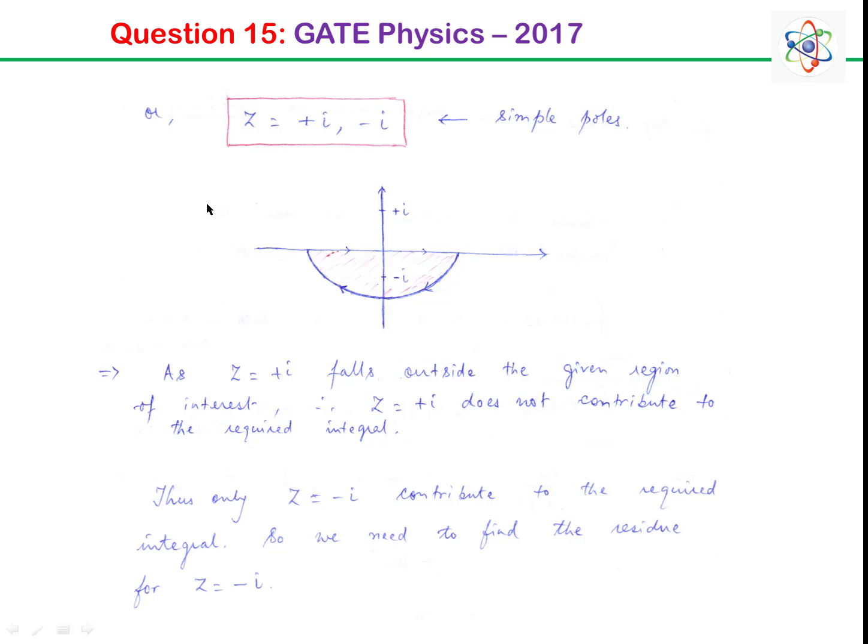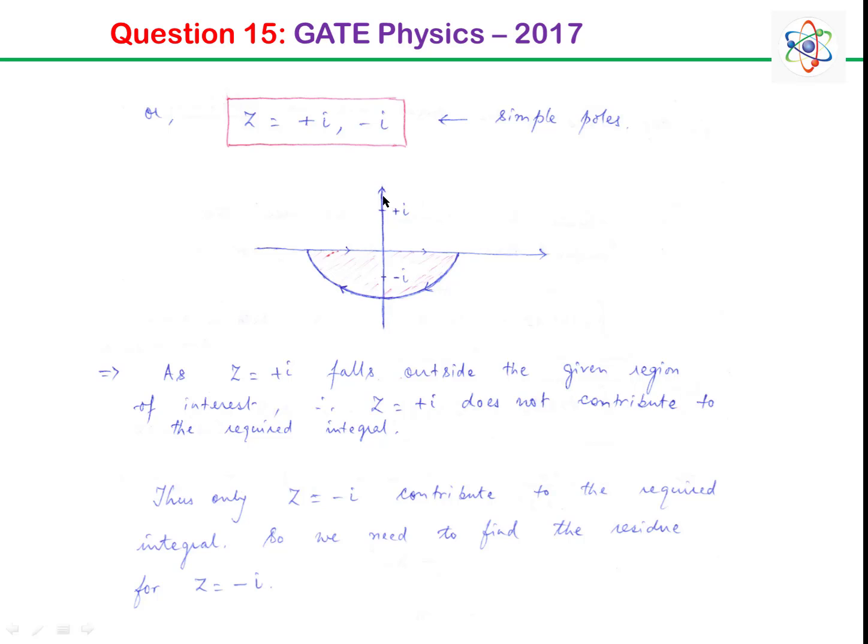Now if we look at these two poles, we can easily see that plus i will lie somewhere over here in the positive part, and minus i will lie in the negative half. We can easily see that plus i is outside the given region that we are concerned with, and only minus i will lie in the given region.